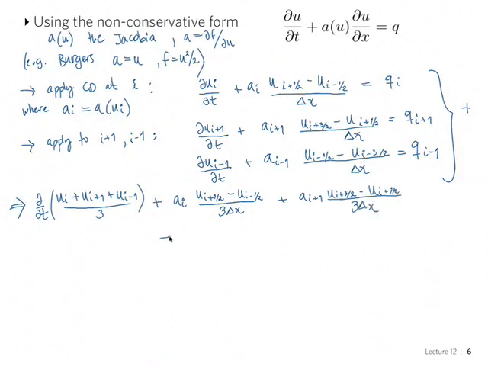And I have another term which is A_(i-1) (u_(i-1/2) minus u_(i-3/2)) divided by 3 delta x. And all of that is equal to this average of the 3 source terms, so (q_i plus q_(i+1) plus q_(i-1)) divided by 3.